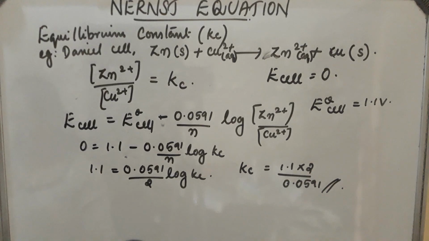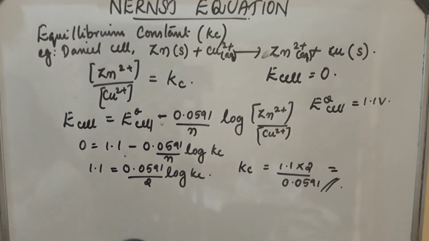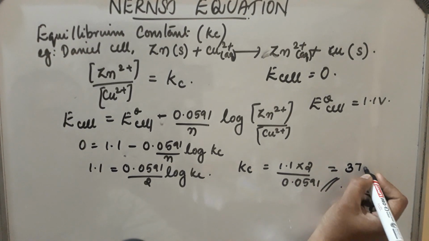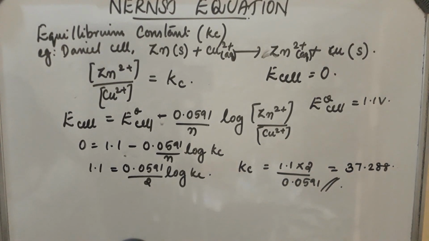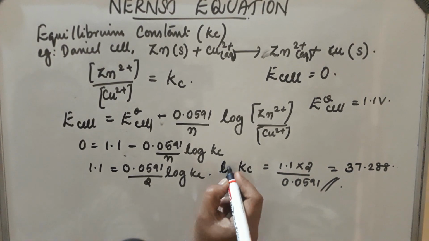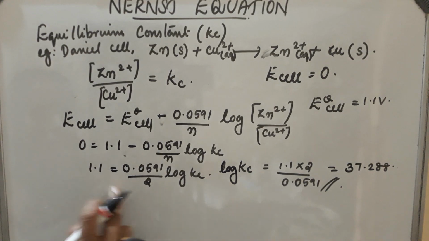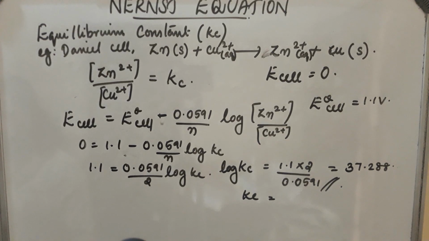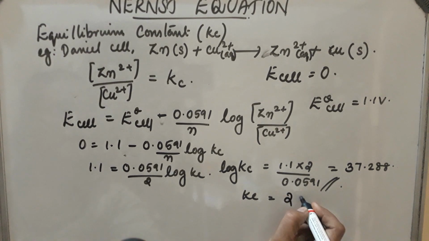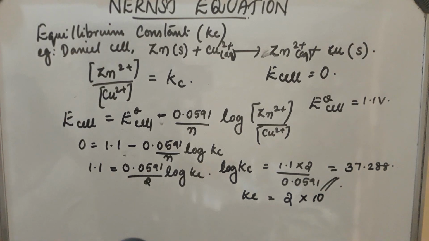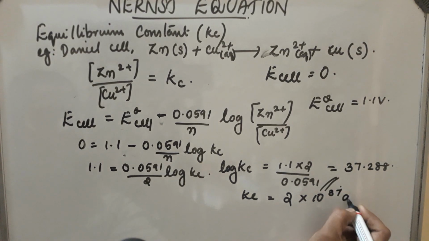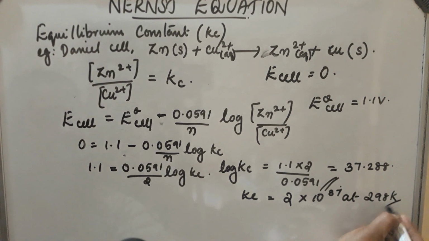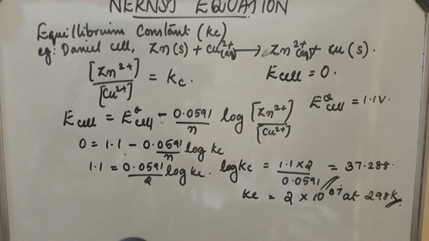The value of log Kc is 37.288. So Kc will be equal to the antilog of that value, which is 2 into 10 raised to 37. Temperature is 298 kelvin. So at standard temperature, the value of the equilibrium constant for a Daniell cell is found to be 2 into 10 raised to 37.